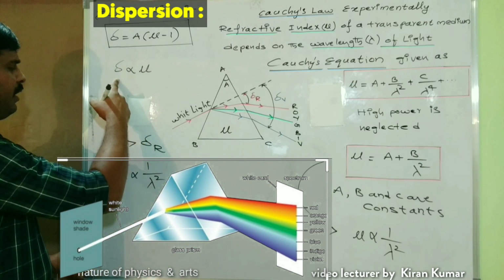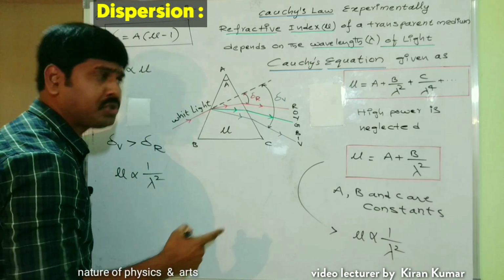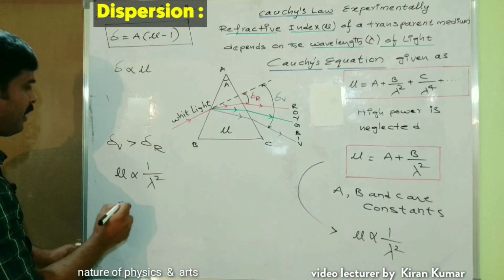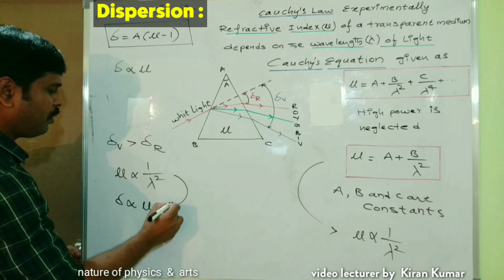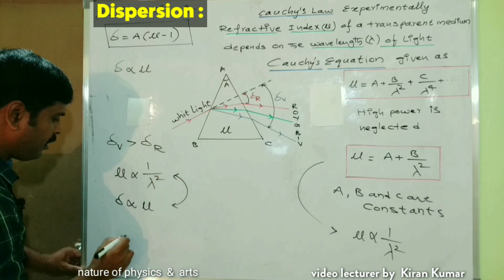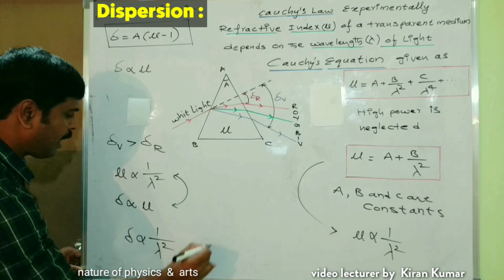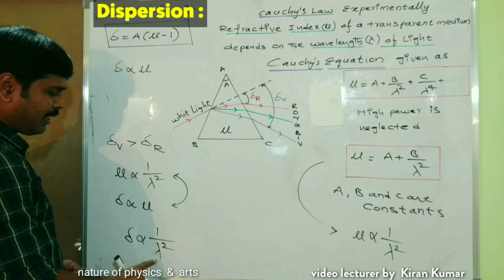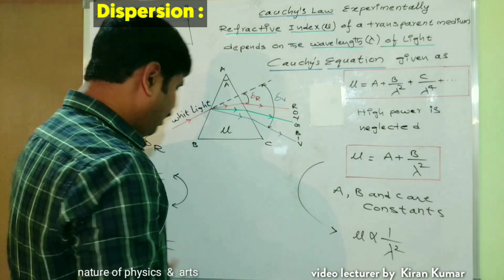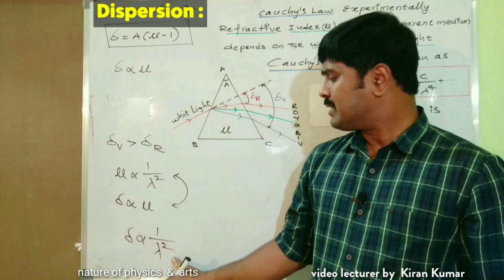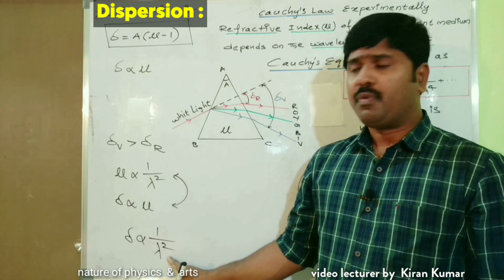Already we know one relation very well: the deviation angle is directly proportional to the refractive index. So here I am writing delta is directly proportional to mu. From both equations we can write that the deviation angle is inversely proportional to lambda square. So more deviation angle means less wavelength, and less deviation angle means more wavelength.